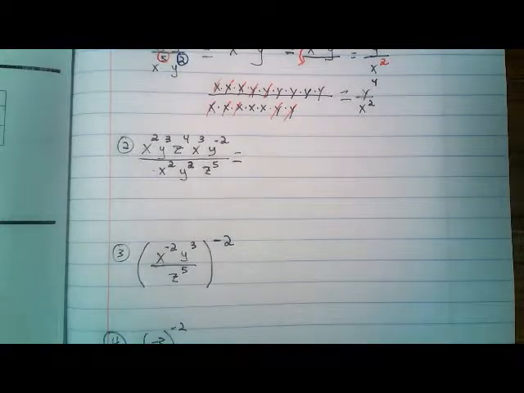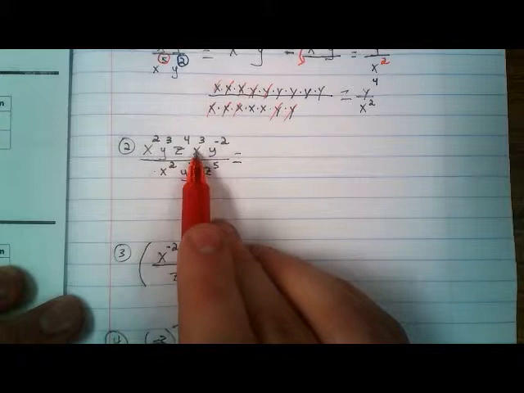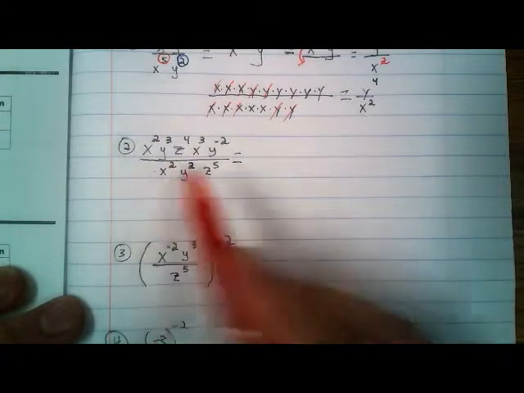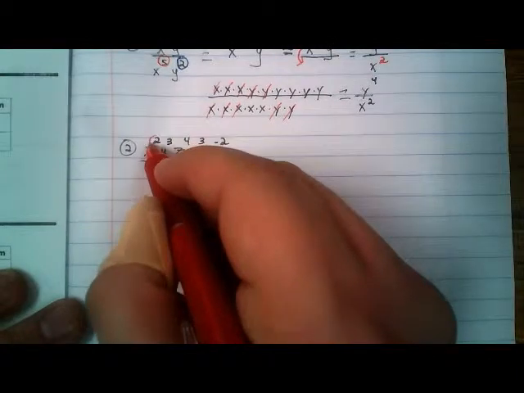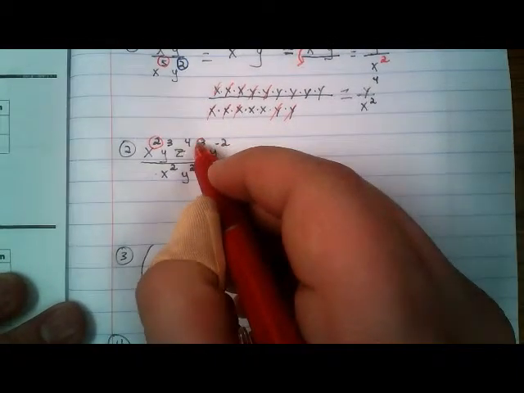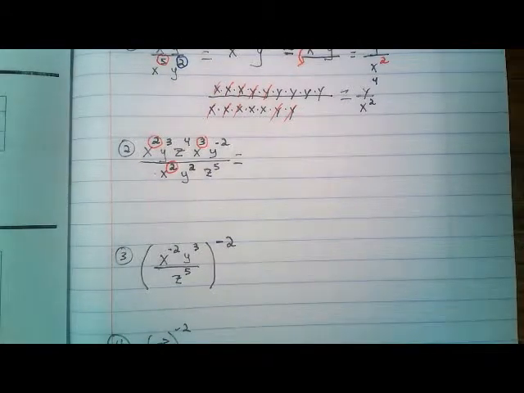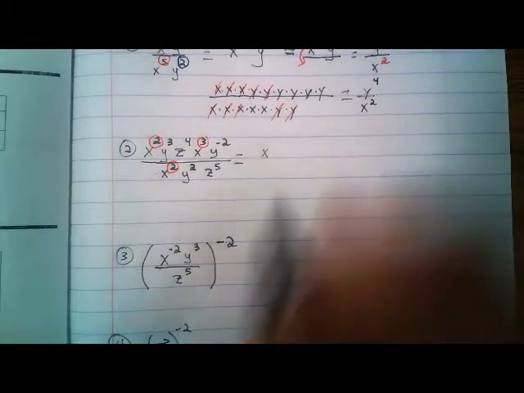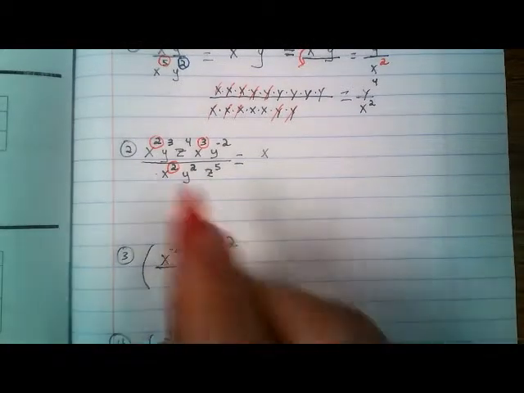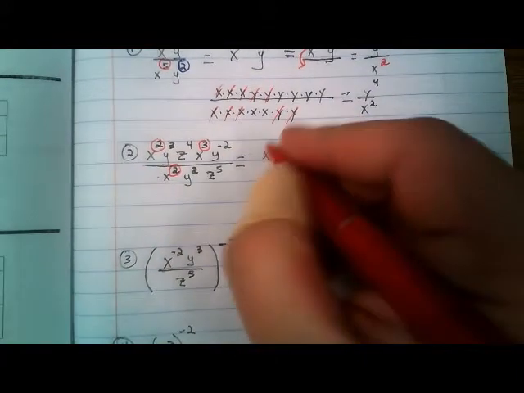I'm going to look at all the terms that have x. I've got x squared, x cubed, and then x squared on the bottom here. What I'm going to do is circle all of the exponents so they stand out. I don't have any other x's. And I'm going to write x to the, now when I'm multiplying these together, I'm adding the exponents.